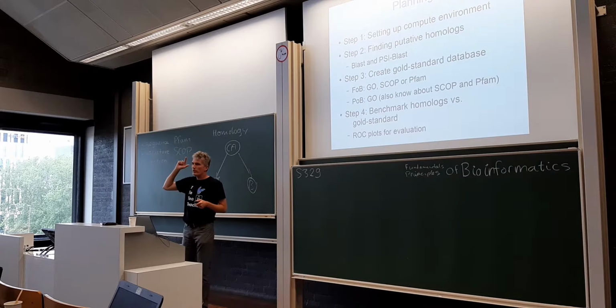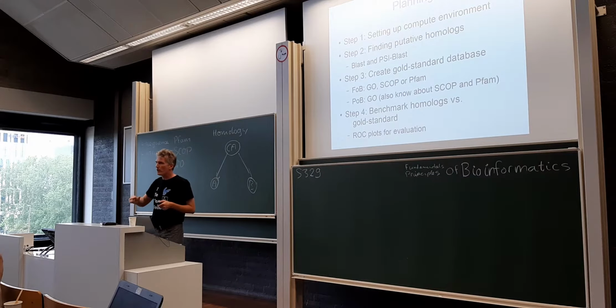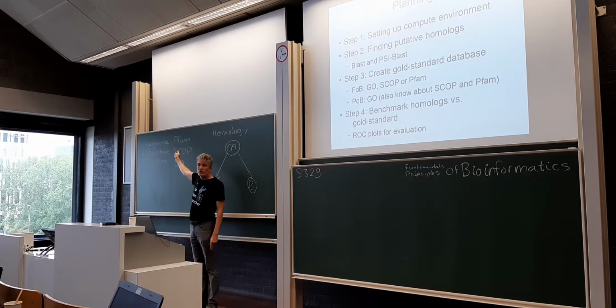So what you have to do with BLAST: BLAST doesn't tell you whether two sequences are homologous. BLAST tells you whether they have similarity in sequence, right? PFAM doesn't tell you whether two sequences are homologous. It tells you whether they are in the same family or not, or superfamily at different levels. Same goes for SCOP. Similar things go for GO.